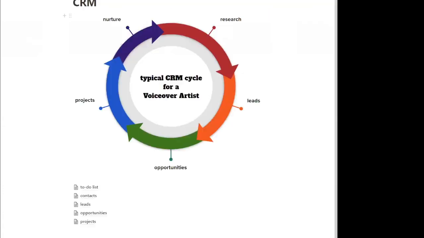So there's a leads database, not much to it, random thoughts, but we get a bit more structured now if we go into the opportunities. And the opportunities, again, here's a database, but what we might want to consider is this might be, say, an audition, or it might be a quote for some work.